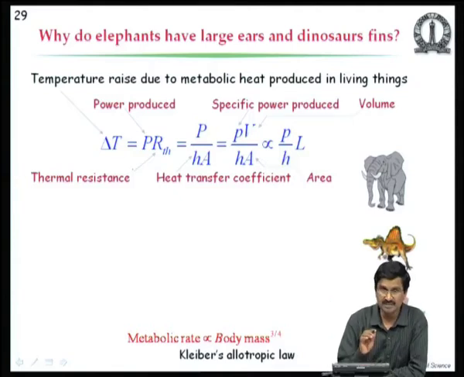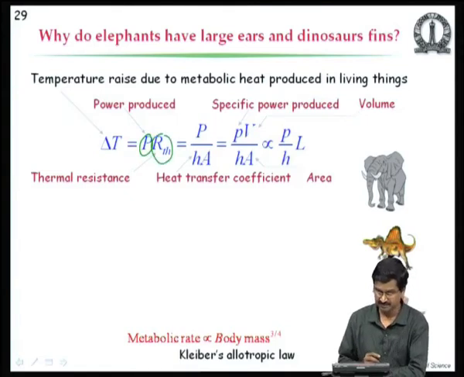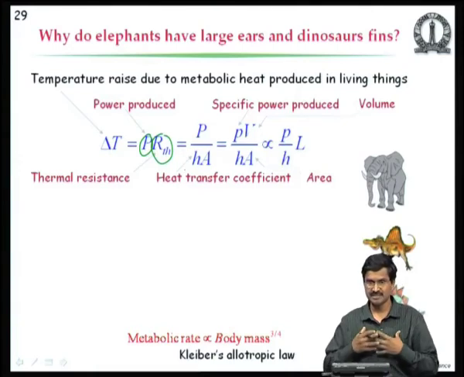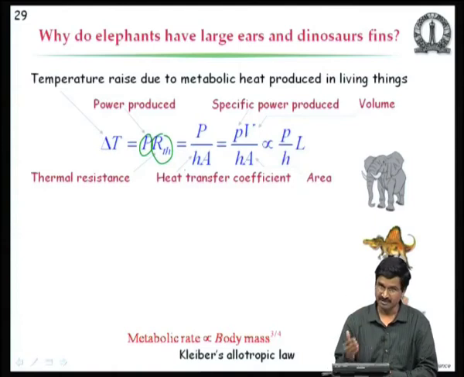You can approximate it. This modeling is all approximation, a good approximation. It is the power produced P times the thermal resistance that the animal has. The thermal resistance is 1 over HA, where H is the heat transfer coefficient, because if you are producing heat, you need to take it out, and it is through our skin that it goes out, our surface area.